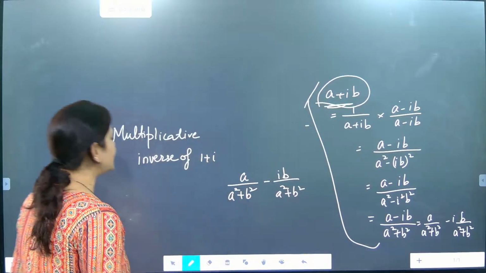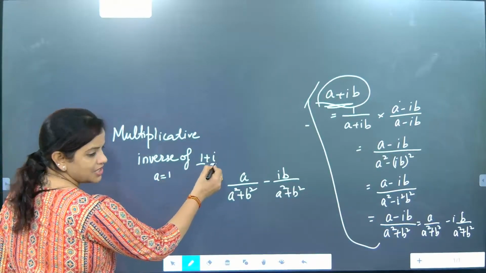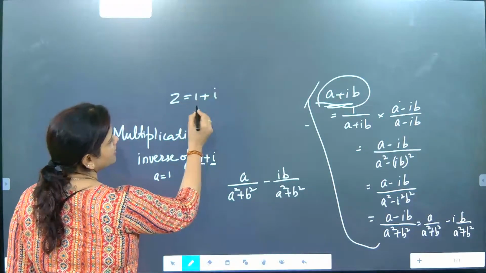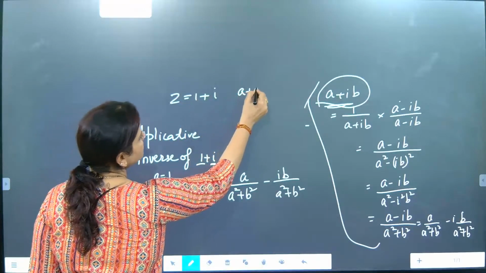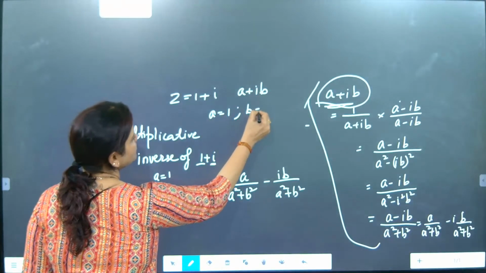So directly here, what is a? Your a is 1. What is your b here? Because z is equal to 1 plus i, if you compare it with a plus ib, a is equal to 1 and b is also 1.